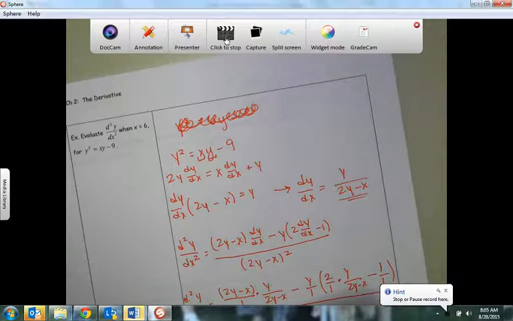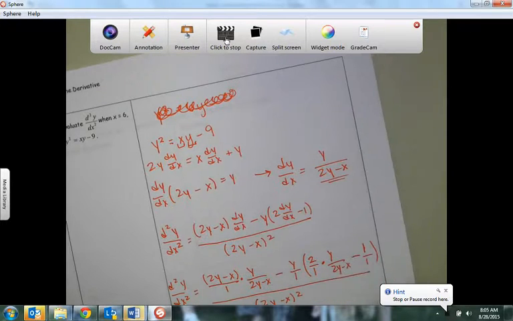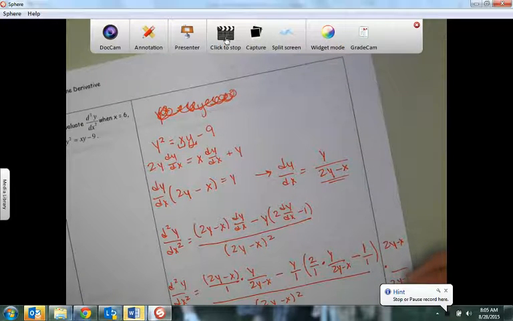So I just kind of wrote out my fractions a little bit easier to see. So basically, if I wanted to get rid of these denominators, I'd have to multiply by 2y minus x over 2y minus x.